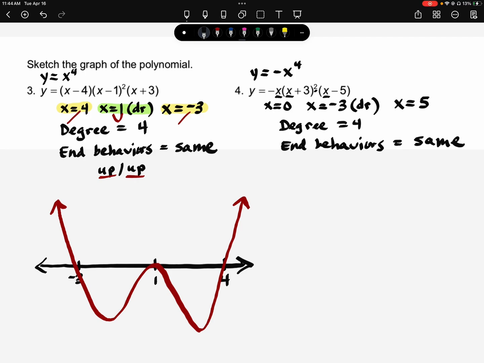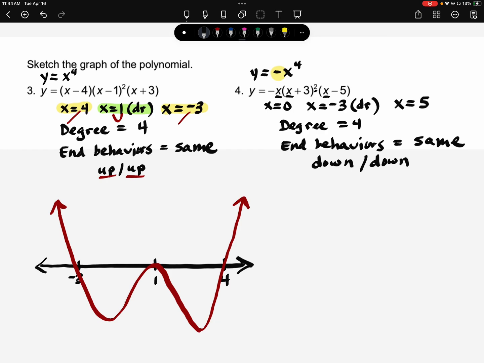But in this case, because of the negative, we're going to be going down, down. So we have to start down, and we have to end down. Or basically, as x decreases, y decreases, and as x increases, y decreases.